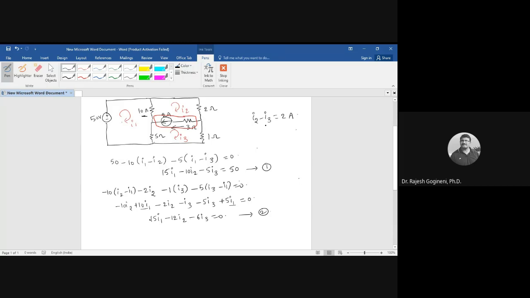Now we can eliminate one variable from these two equations, because we know the relation between I2 and I3. Because we have three unknowns, I1, I2 and I3 in the two equations, you convert those equations into equations which have only two unknowns, because we know another relation: I2 minus I3 is 2 amperes, right?